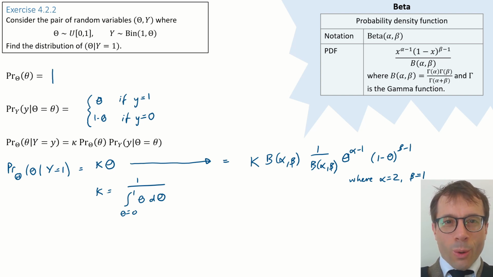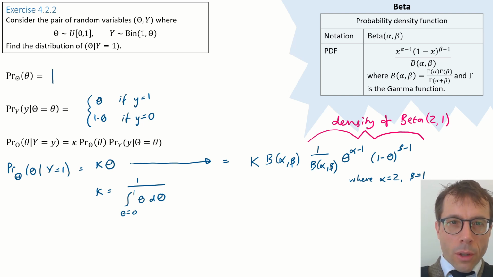So, why all this shenanigans? What I've done is I've coerced my likelihood function into the product of two factors, where the first factor is a constant and the second factor is exactly the density function for a standard random variable.